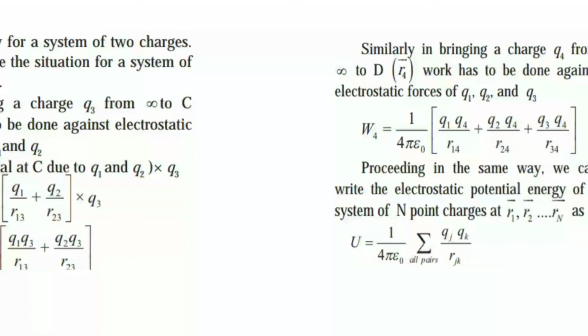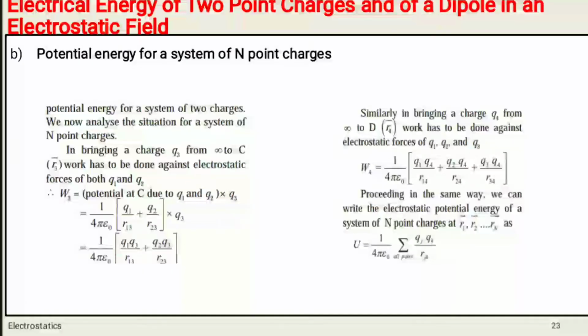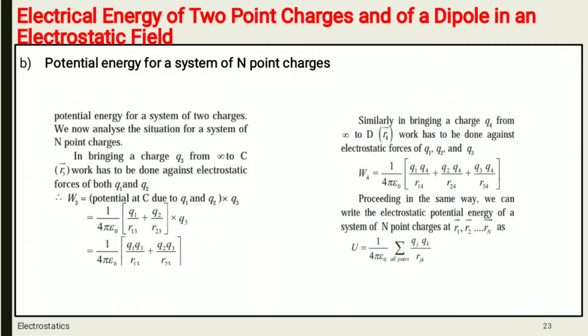So this will be your equation: U is equal to 1 upon 4 pi epsilon naught, summation over all the pairs of Qj Qk divided by Rjk. This will be your equation of potential energy for a system of n point charges.